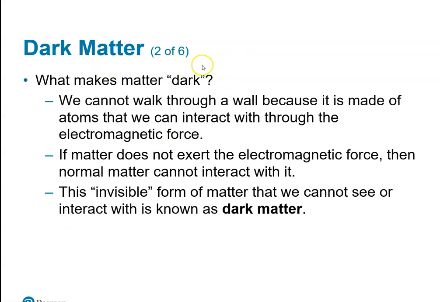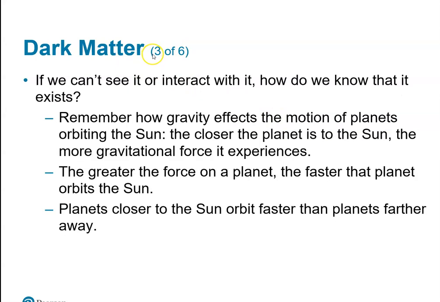So there's something out there that's interacting gravitationally, but it's not interacting with the electromagnetic force. In other words, it doesn't interact with light or any form of light. And so it's called dark matter. Matter because it's interacting gravitationally, dark because there's no interaction with the electromagnetic force. All right, so it surrounds our galaxy, and then as time has gone on, we find that it's surrounding all galaxies. There's this stuff called dark matter.